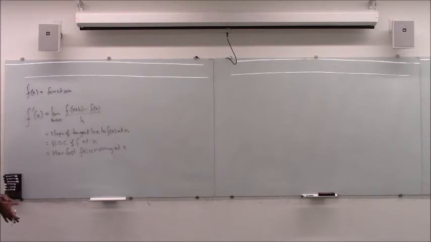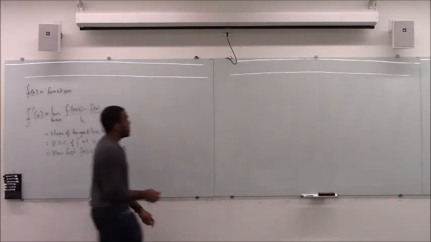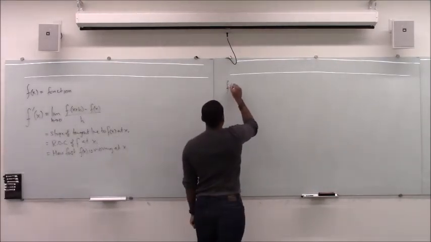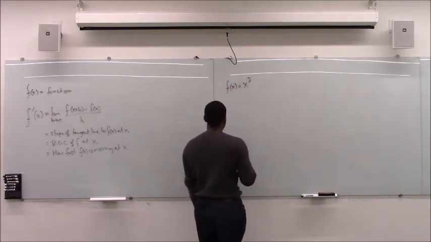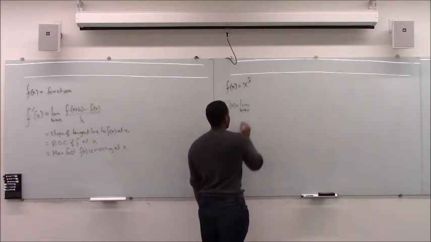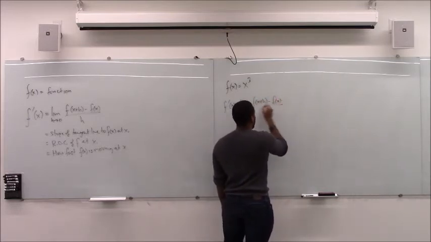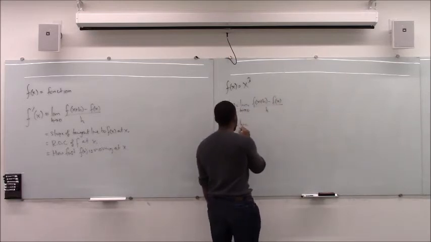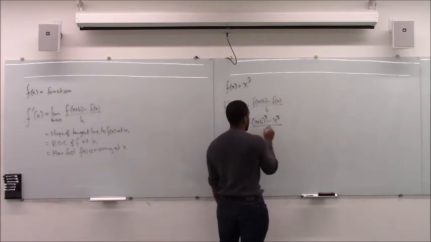Now I want to go back to the computational side, because this guy can actually be quite annoying, right? I mean, if we wanted to say f of x equals x cubed, which is a very nice function in general, to figure out what f prime of x would be for this guy, well, this would have to be f of x plus h minus f of x over h, and this will be x plus h cubed minus x cubed over h.